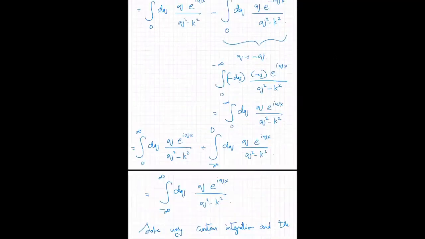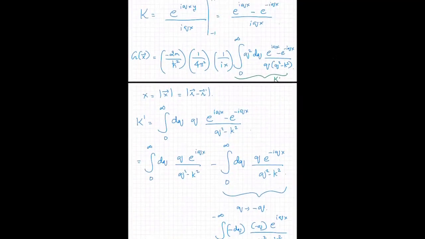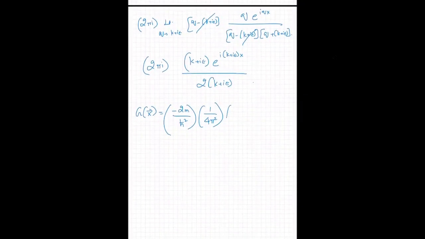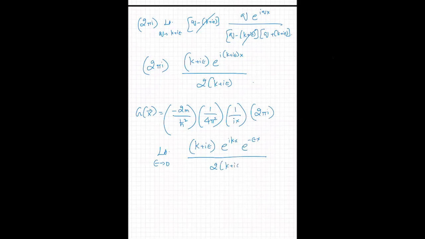What else did I have? 1 over ix, times this whole thing, times 2 pi i, times the limit epsilon going to 0 of k plus i epsilon e to the ikx e to the minus epsilon x, divided by 2 times k plus i epsilon.